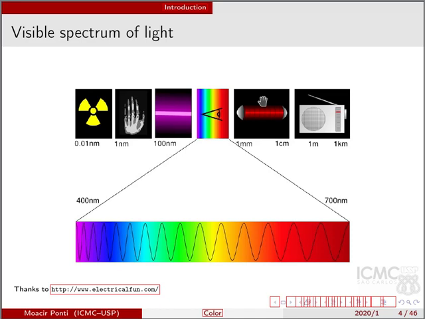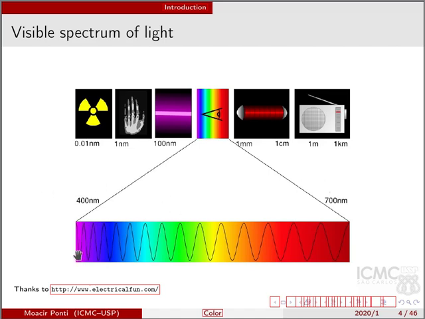When we talk about color, we mean the visible spectrum of light. This spectrum is defined by the wavelength of the light that we perceive. Waves with a size around 400 nanometers to 700 nanometers we perceive as colors.